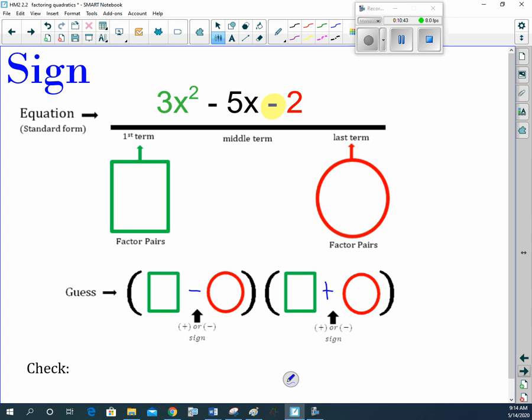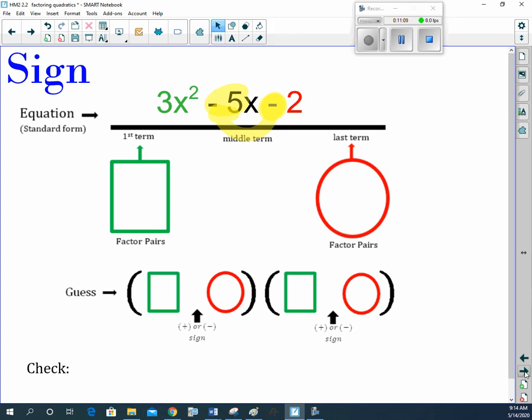Now, I'm not sure which way it goes, so I usually save the signs on this one till more towards the end. But what I do know is that they're both different, so one's positive and one's negative, and I'm supposed to subtract, since this is a subtraction sign, to get a negative 5. So when it's all said and done, I should be subtracting to get a negative 5.